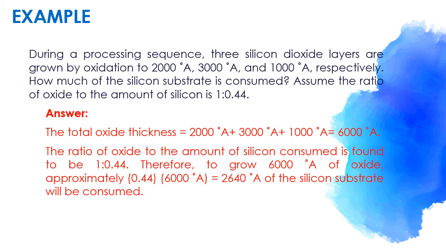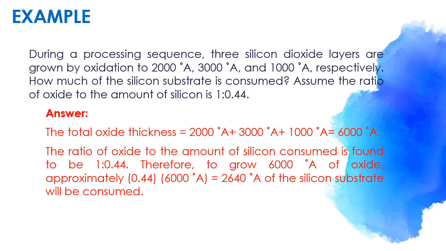The answer is, first, the total oxide thickness: the first one is 2000, then 3000, and the third one is 1000. You just sum up all the values, so it becomes 6000. The ratio of the oxide to the amount of silicon consumed is 1 to 0.44.